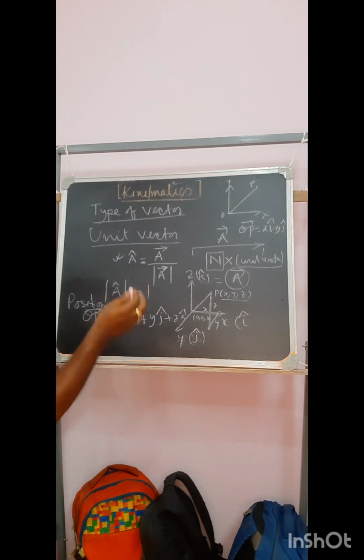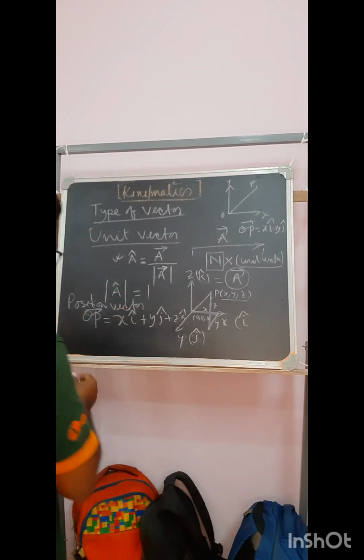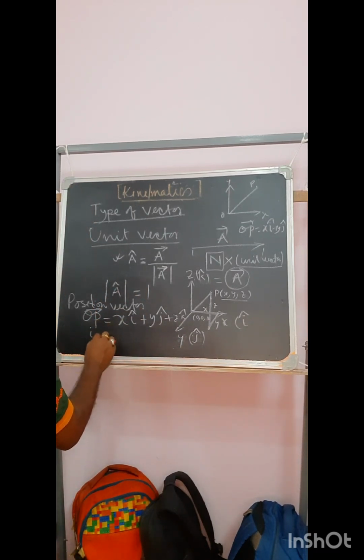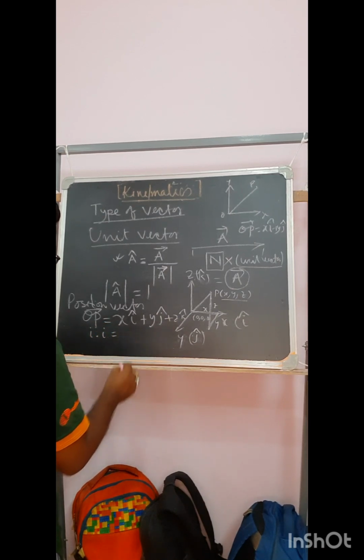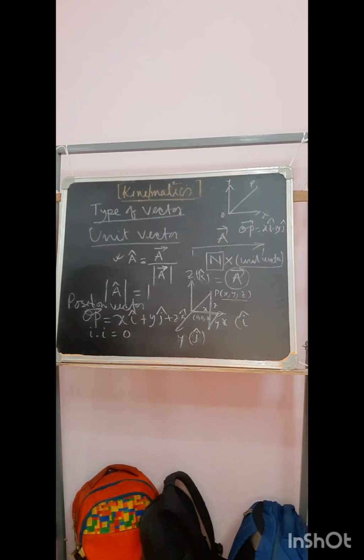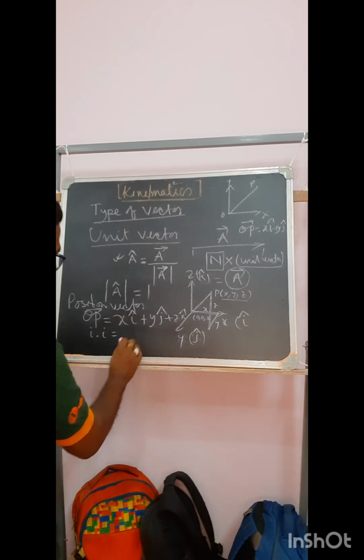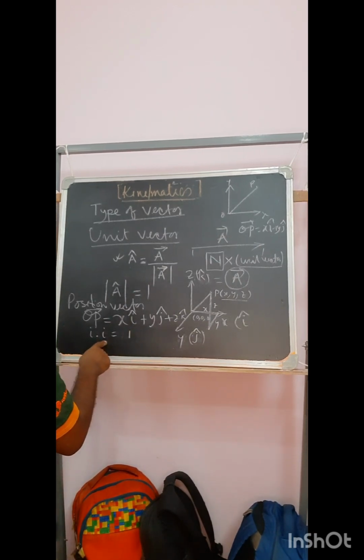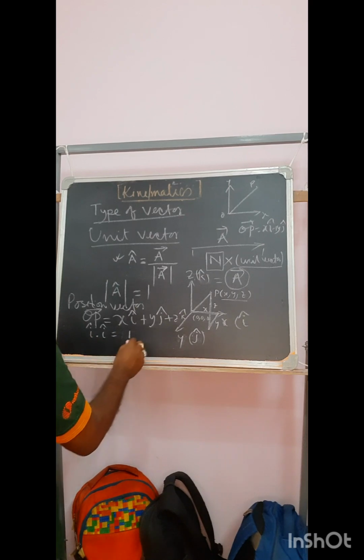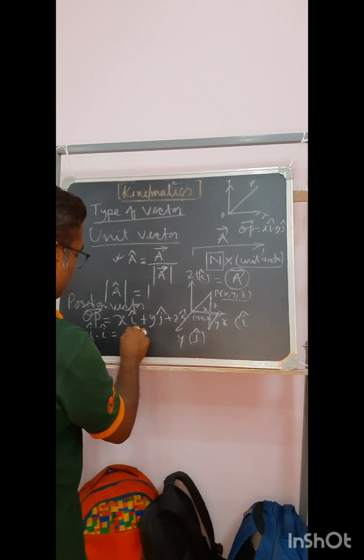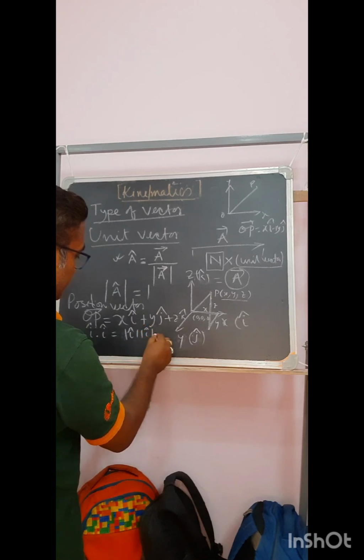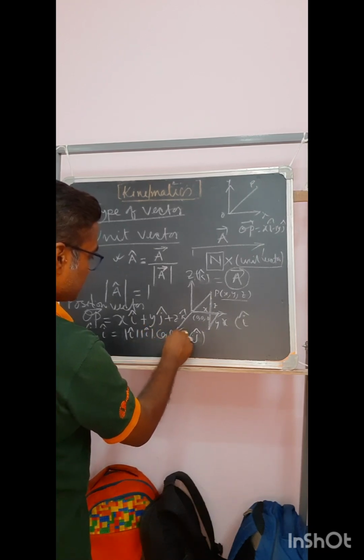I also told you about the dot and cross product. One more thing you have to understand: i dot i will give you 1, because i is a vector, and this i is also a vector. For i dot i, we know that it is the mod of i times the mod of i along with cos theta.